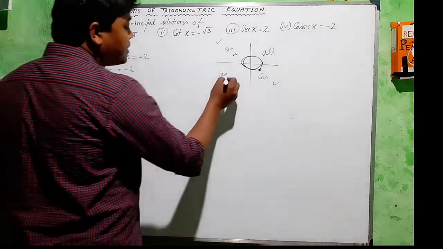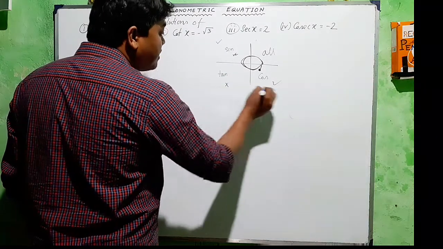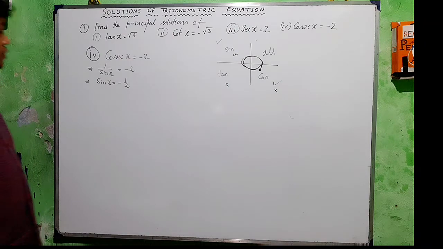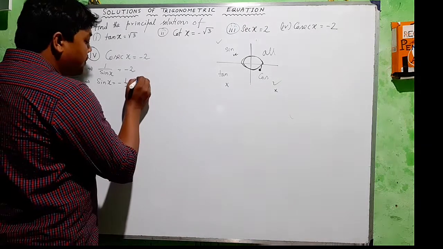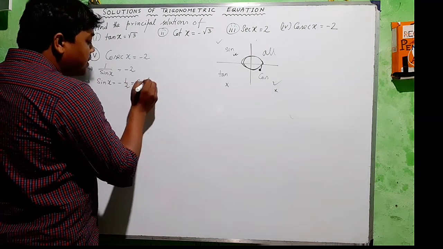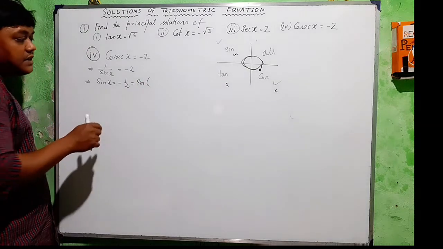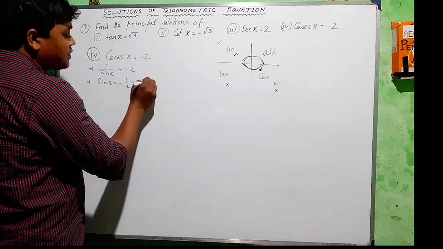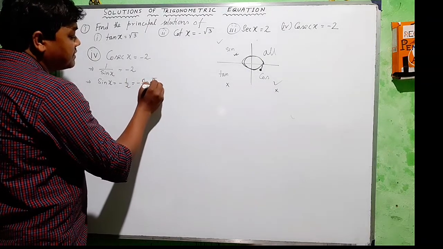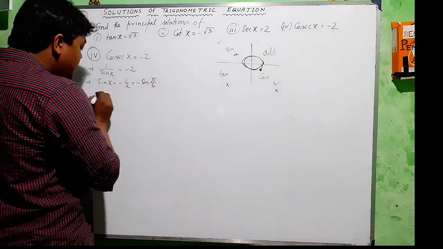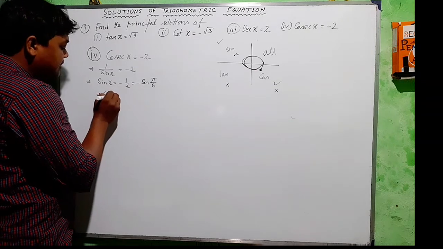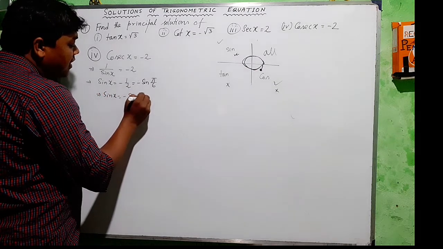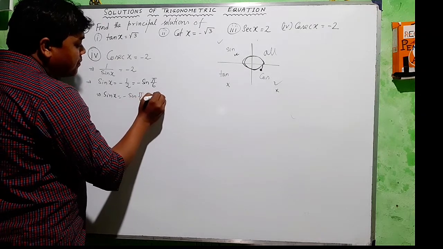All of you know that in the third quadrant and fourth quadrant sin is negative. So sin x equals minus half, you can say sin 30 degrees, that is minus sin 30 degrees, that means pi by 6.